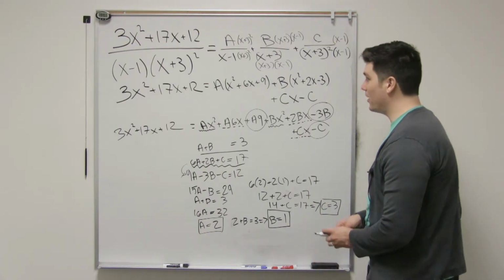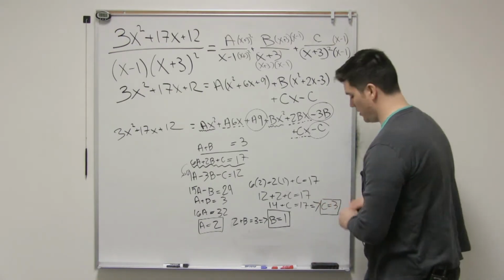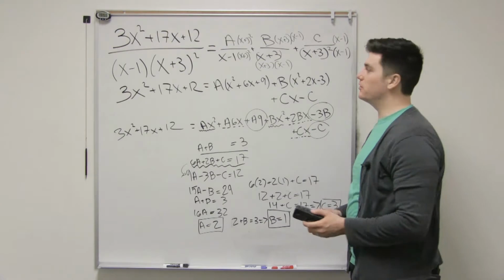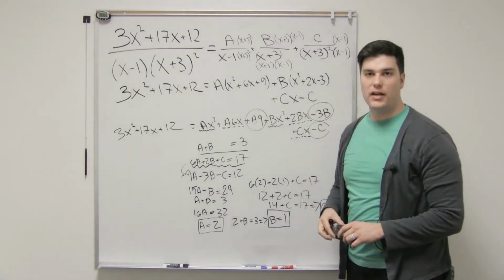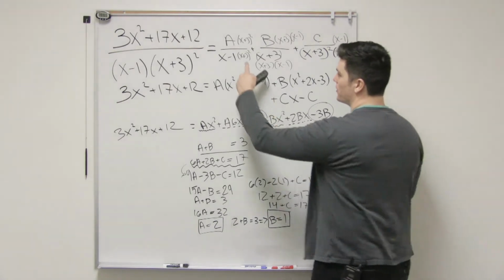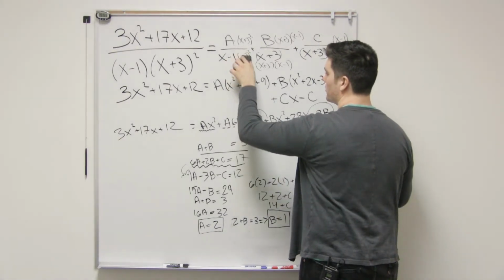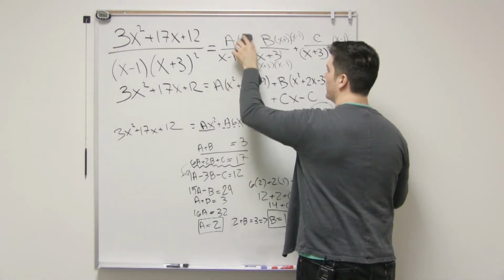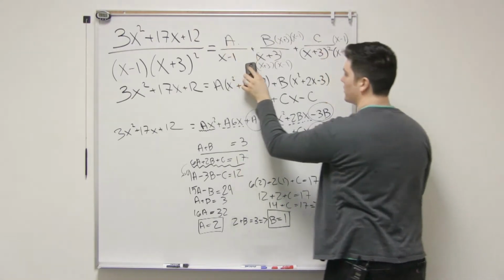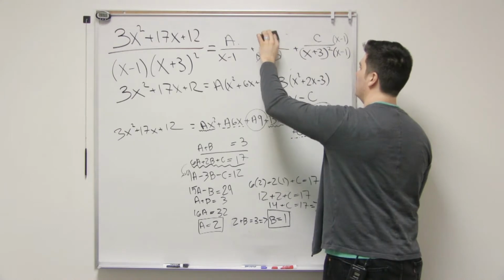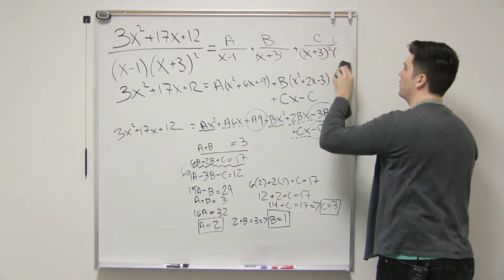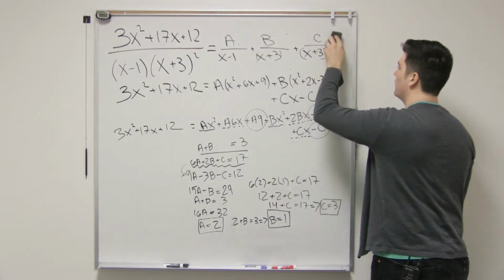Now let's go back to our original equality, and we're going to erase out the fractions that we multiplied them by to get common denominators. So this x plus 3 squared over x plus 3 squared, we're going to get that out of here. This x plus 3 times x minus 1, x plus 3 times x minus 1, and this x minus 1 over x minus 1 is gone.